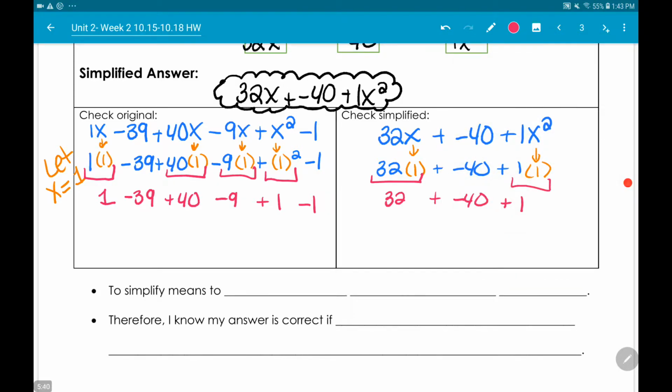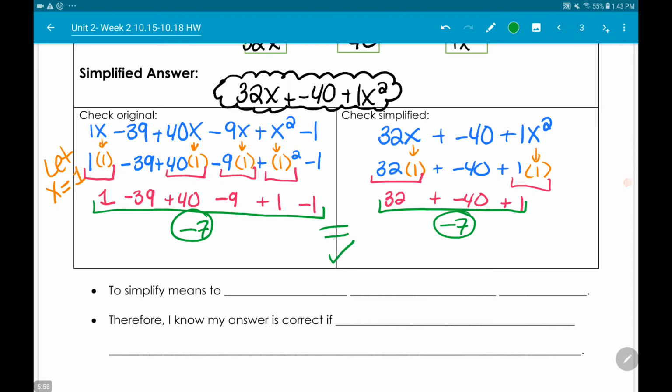Okay, so when I simplify all of this in my calculator, I got -7. And over here, I did the same thing, and I also got -7. All right, so that shows me that they're equal. Okay, so that means my answer is correct.